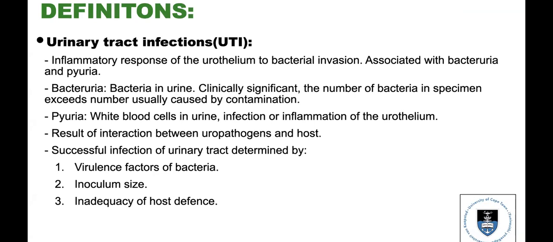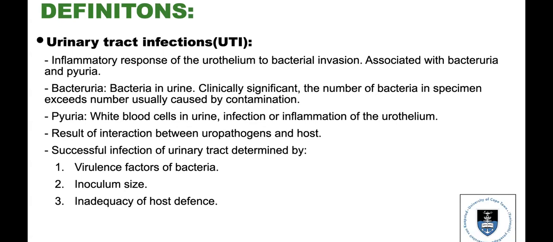So basically, a urinary tract infection is an inflammatory response of the urothelium to bacterial invasion, associated with bacteriuria and pyuria. And we all know bacteriuria is bacteria in the urine, and can be clinically significant depending on the number of bacteria in the specimen.